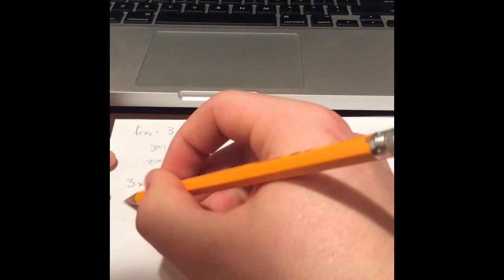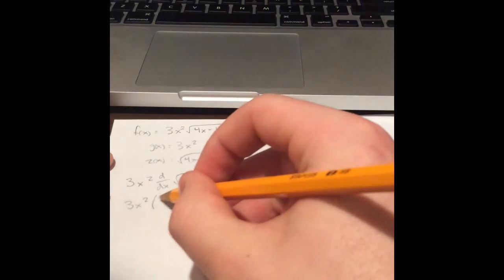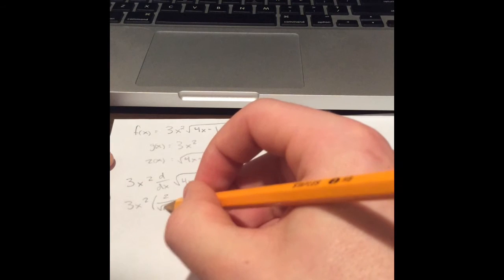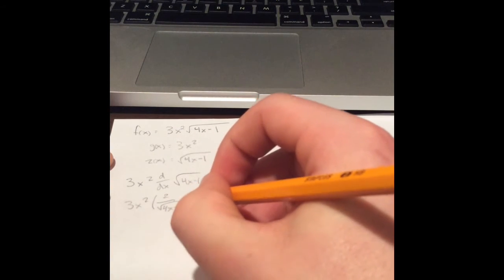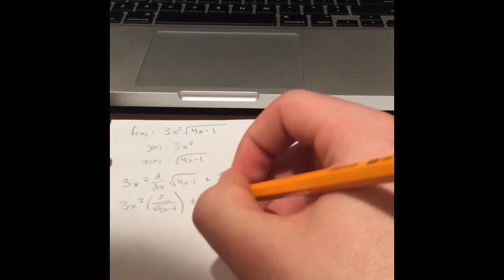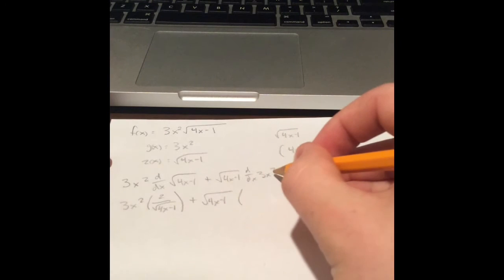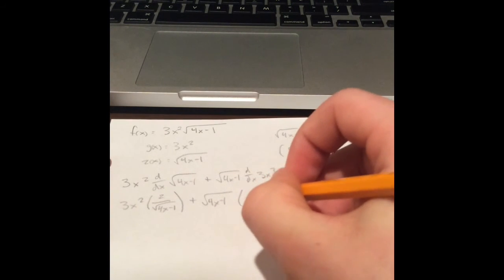So we have 3x squared times 2 over the square root of 4x minus 1 from before that we found, plus root 4x minus 1 times this derivative, which is just 6x.